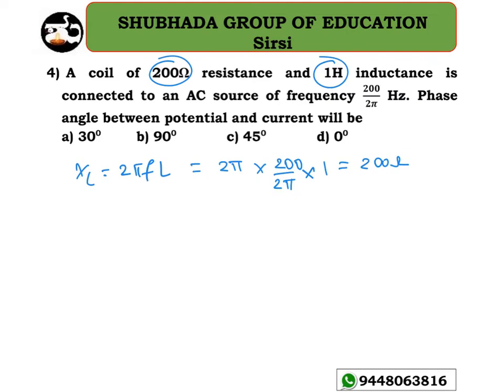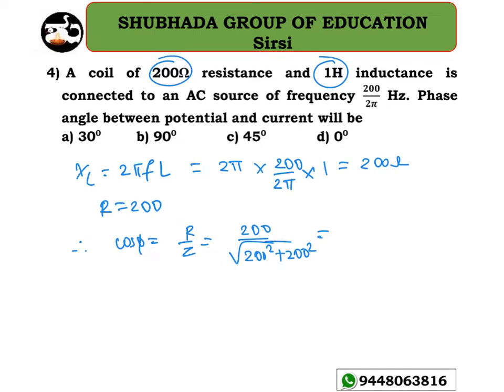Similarly, R equal to 200. Therefore cos phi equal to R by Z, that is 200 divided by square root of R square plus XL square, that is 200 square plus 200 square.